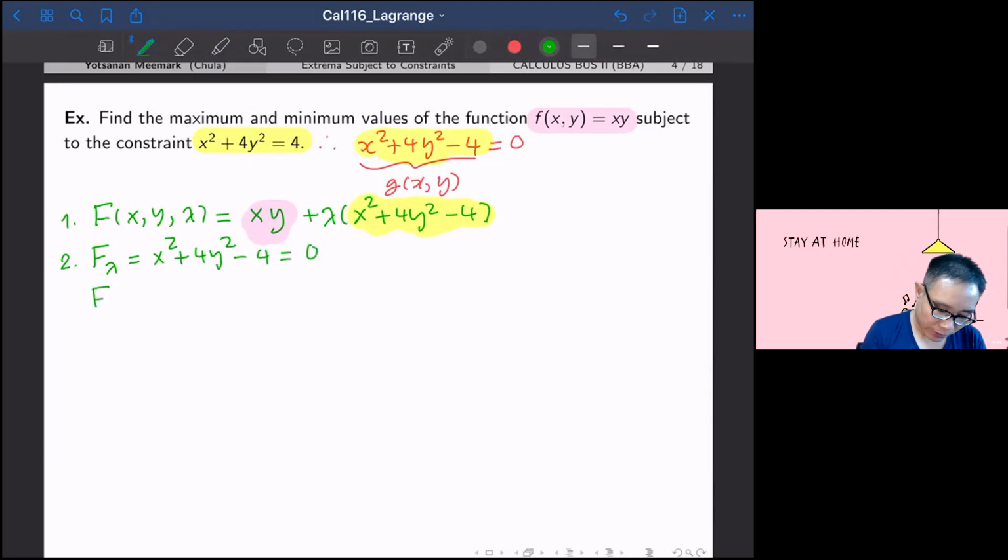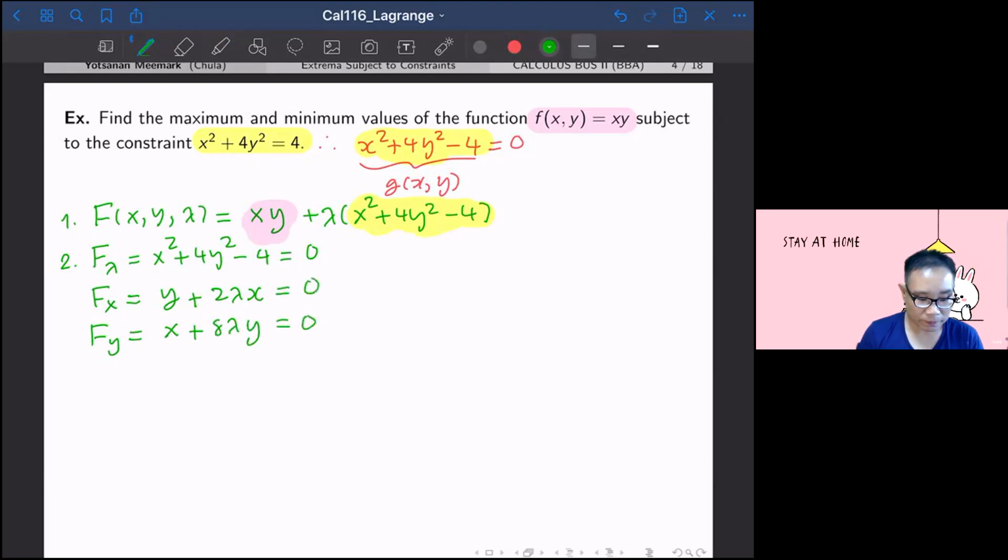And you have F_x. You differentiate, so you get y plus 2 lambda x. F_y is going to be x plus 8 lambda y, and you let them equal to 0.